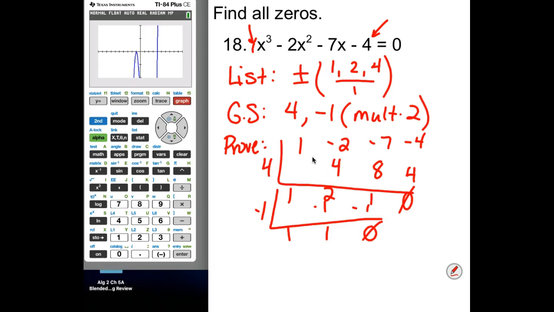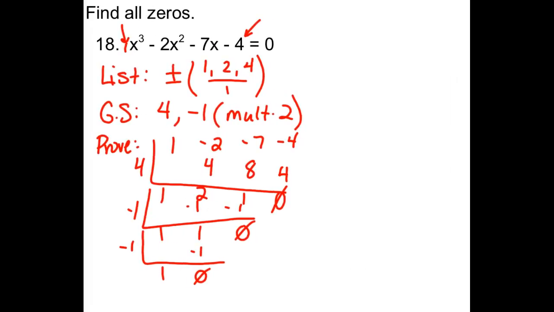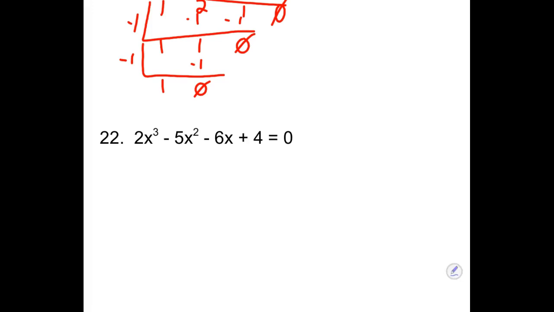So it really should work twice. And it does. So that's enough to prove that those are the 3 zeros. And if you have one that has a multiplicity other than 1, you should state that in your answer so we can tell that you knew that.